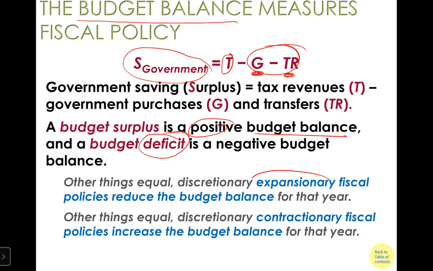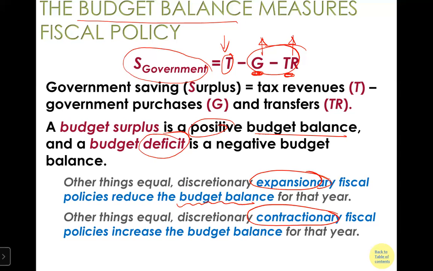including expansionary fiscal policy and contractionary fiscal policy. Right? So an expansionary fiscal policy is going to make our budget balance worse. Why is that? Expansionary fiscal policy will reduce tax, increase government spending, and increase transfers. So that's going to make the government budget worse, go into more negative territory.